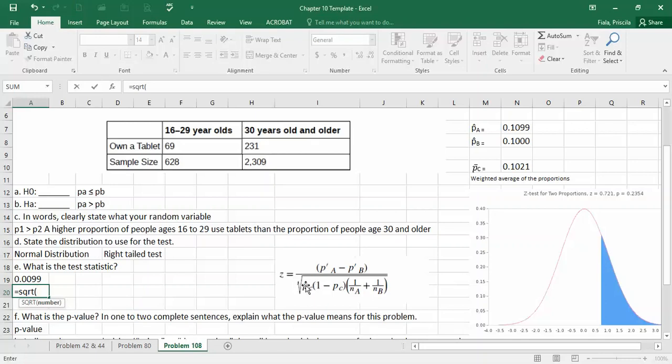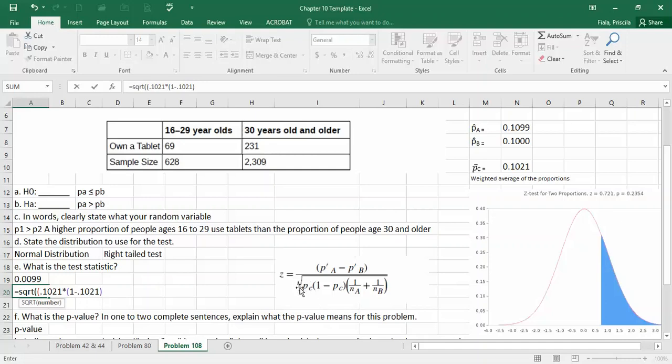My pooled proportion right here, which is 0.1021 times, actually this portion here is times this, correct? So let's see if that's gonna work the way I expect. If not, then I'm just gonna have to do it again. Minus my pooled proportion again.